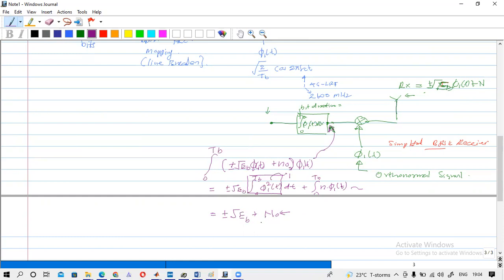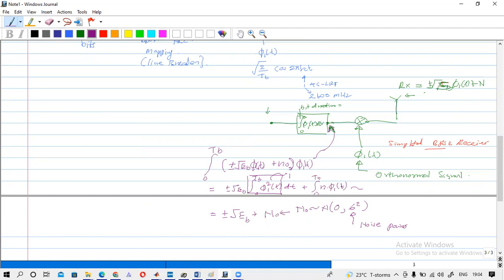So this N naught will be a normal Gaussian function with 0 mean and sigma square variance. So this sigma square is the noise power. We have already seen this.